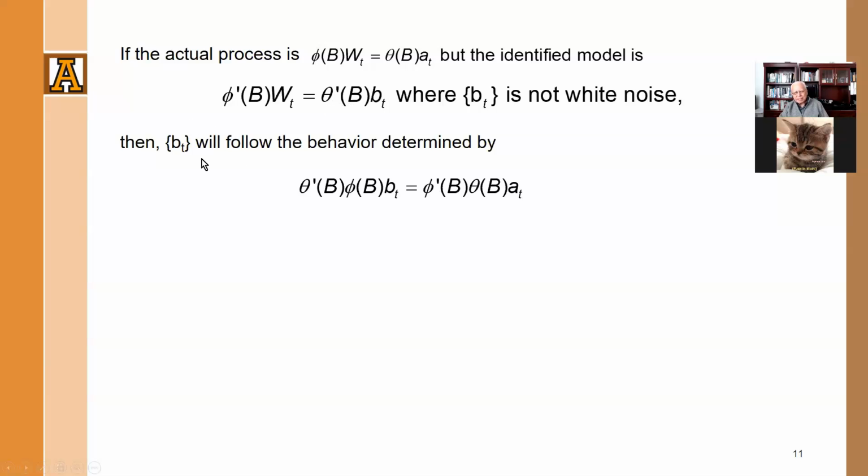Okay, since b_t is not white noise, then it will follow a behavior that can be expressed by a difference equation, also by a model of the form theta prime of B, phi of B, b_t equals phi prime of B, theta of B, a_t. Okay, where a_t now is white noise. So the fact that we identified this model tells us what corrections we should do to the original model that we fitted.